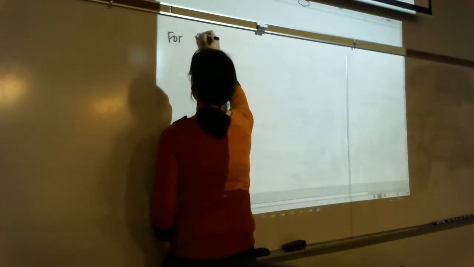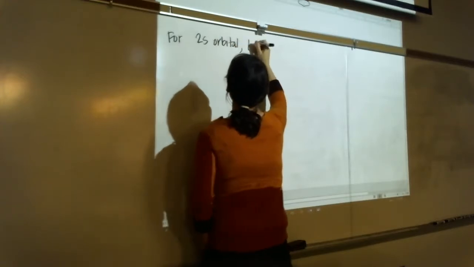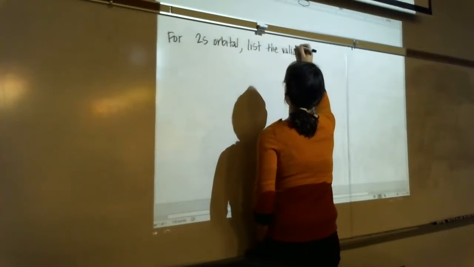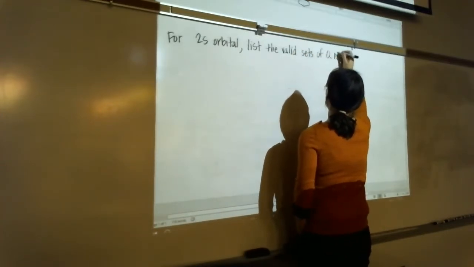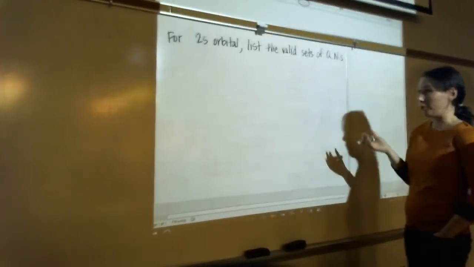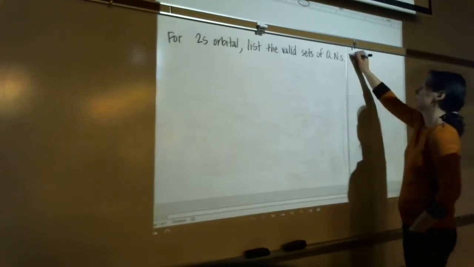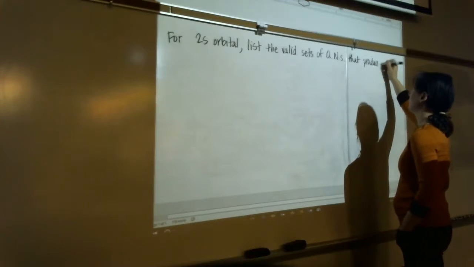For a 2s orbital, list the valid sets of quantum numbers. More than one set of quantum numbers could produce the same orbital. So for a 2s orbital, list the valid sets of quantum numbers that would describe or produce it.